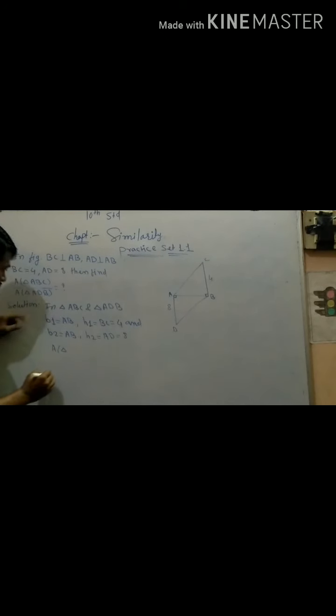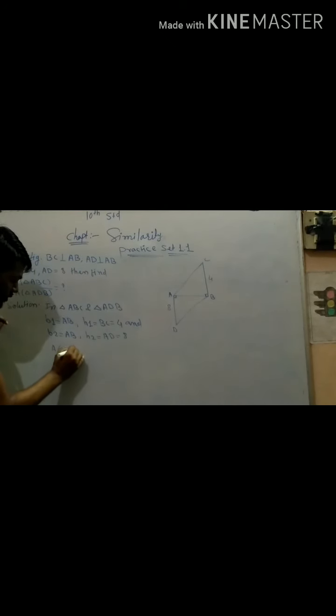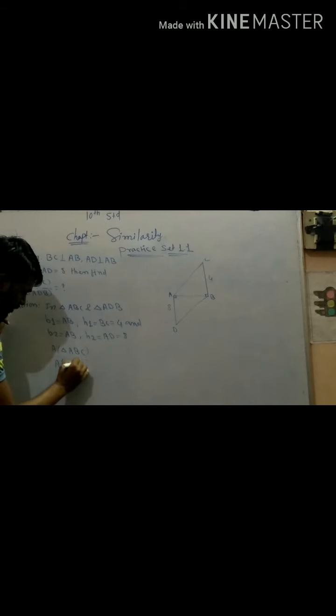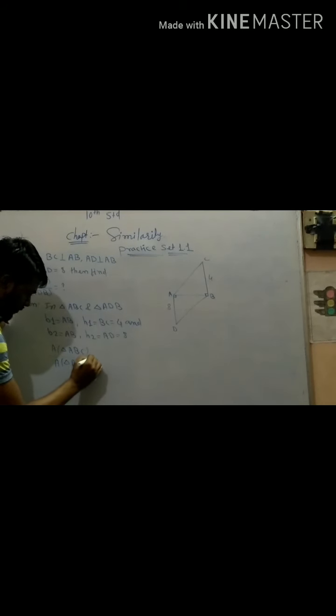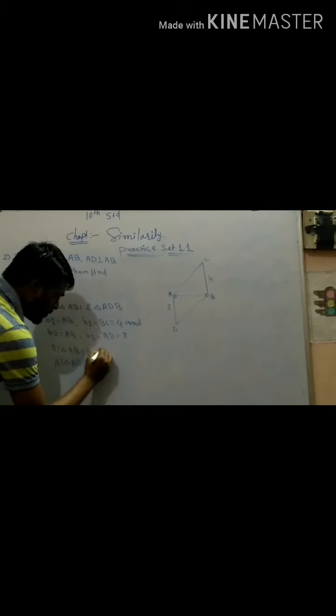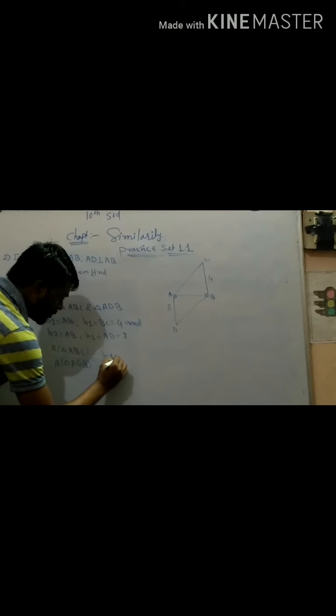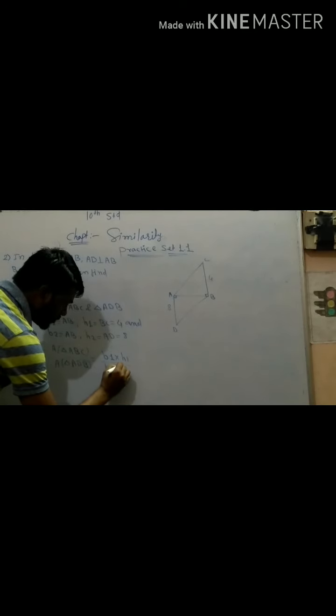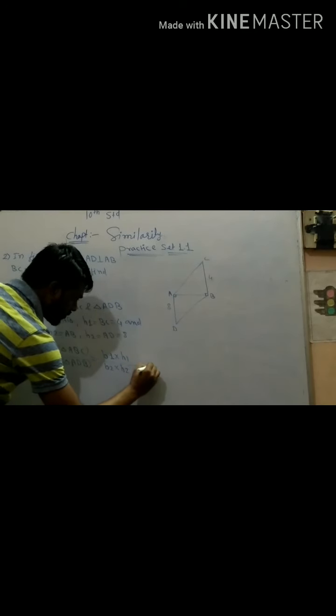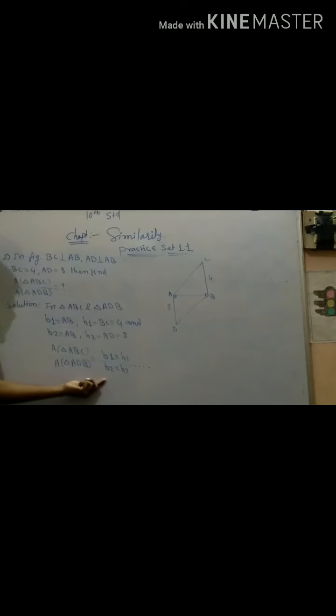So how do we find the ratio of these two triangles? Area of triangle ABC upon area of triangle ADB is equal to, what is the formula to find the ratio? Base B1 into H1 upon B2 into H2. This is the formula. So you need to write down the statement.